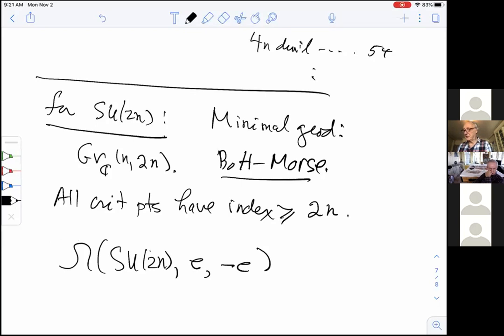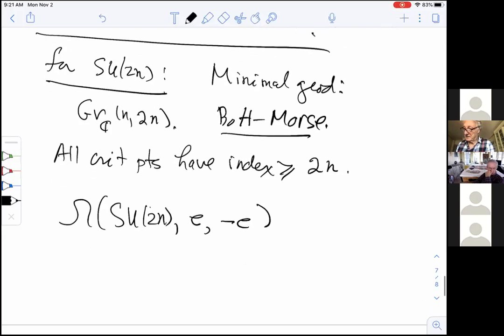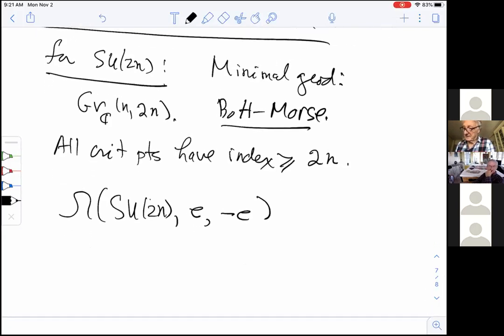So the matrix with -1s down the diagonal is an element in SU(2n) because I have an even number of -1s. And the minimal geodesics in this loop space turn out to be the Grassmannians of n-planes in 2n space. That's a Bott-Morse critical set.